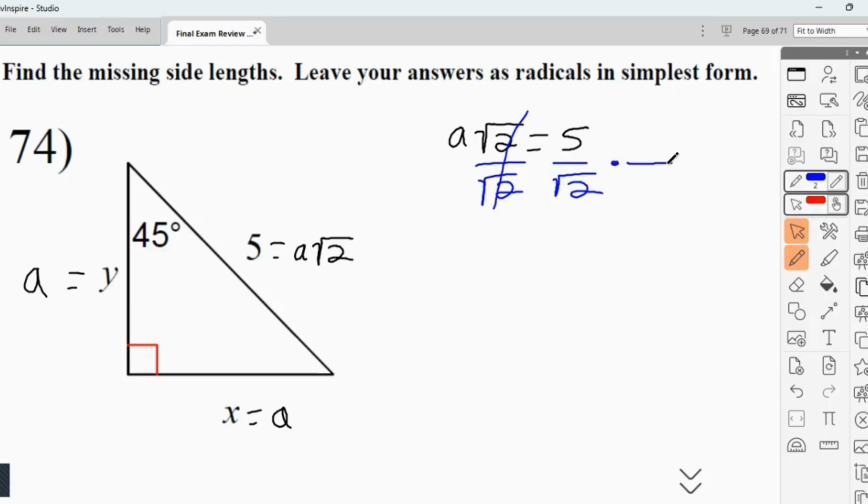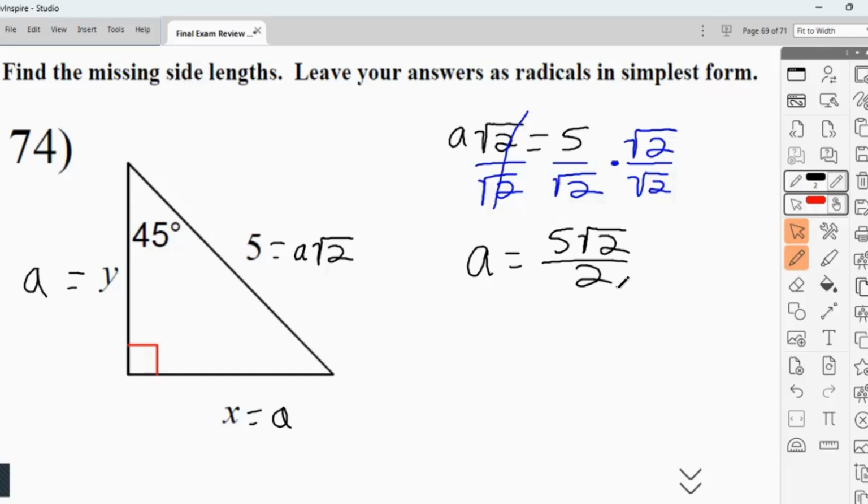So we need to go right here, square root of 2 here, when you do it at the top and do it at the bottom. So we're left with A, right? So A is here, and then 5 square root of 2 is at the top. We see that automatically. But the square root of 2 times the square root of 2 is just 2. Got it? So that's going to be our A value.